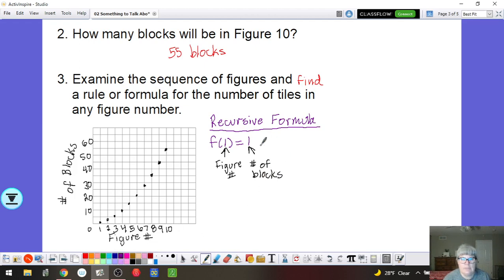For the pattern to continue, we're going to say f of n, that's meaning the number of blocks for any figure number, is going to equal the previous figure, is what this notation stands for, plus, let's take another look at that table.